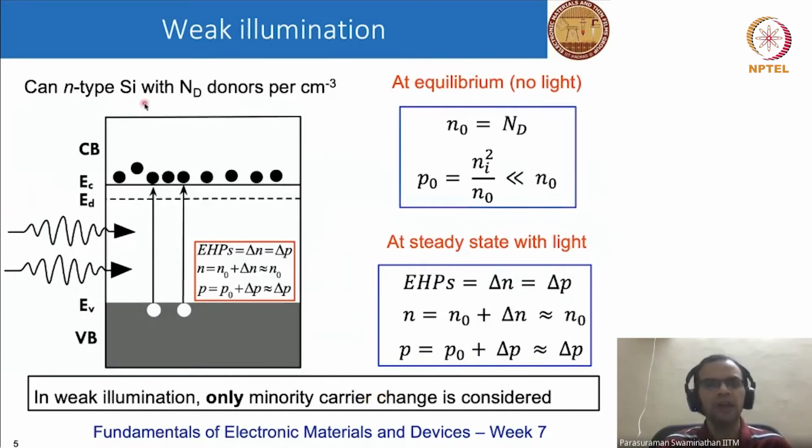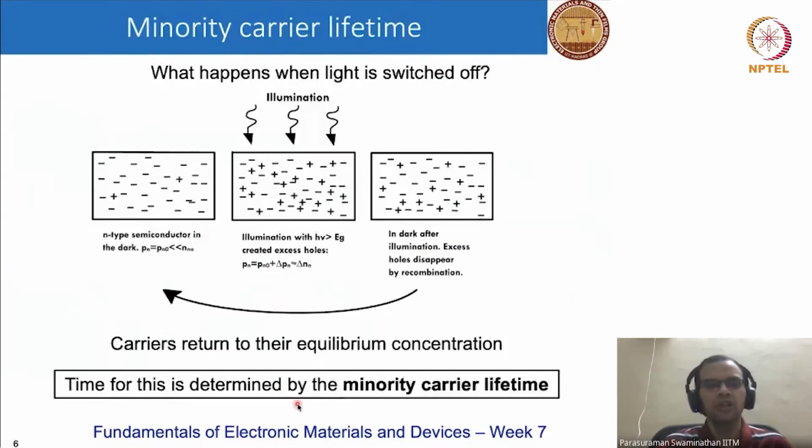So instead of having an n-type silicon, if we have a p-type silicon, then we will only consider the change in electrons. So we started off with a semiconductor. We took an n-type semiconductor as an example. We shine light on the semiconductor and we created extra carriers.